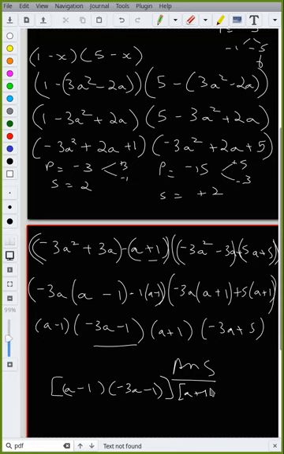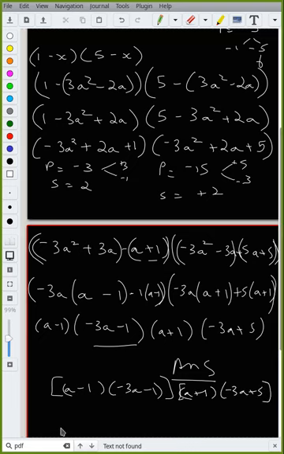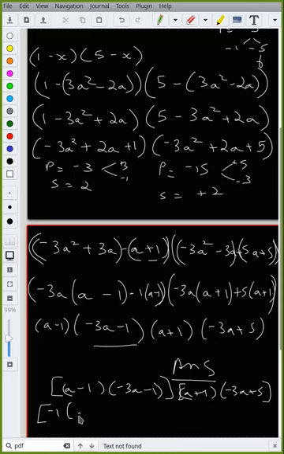Then ma'am took out one minus to make it positive. So it would be minus a minus 1 into 3a plus 1. You took out a minus outside from the second one, not the first one.